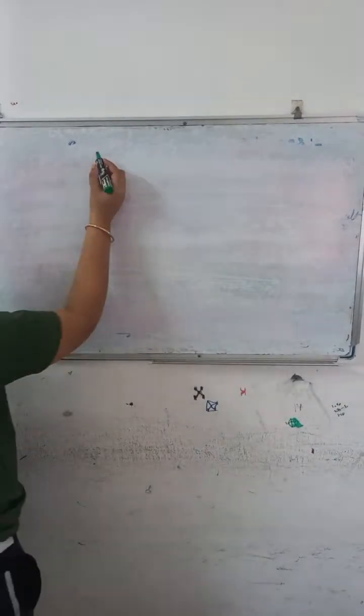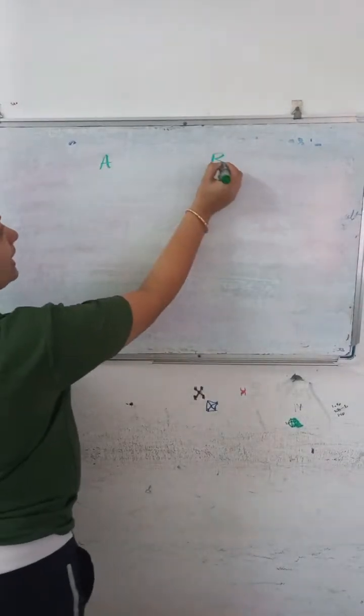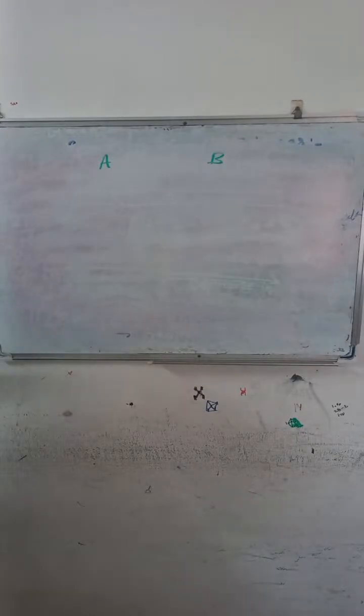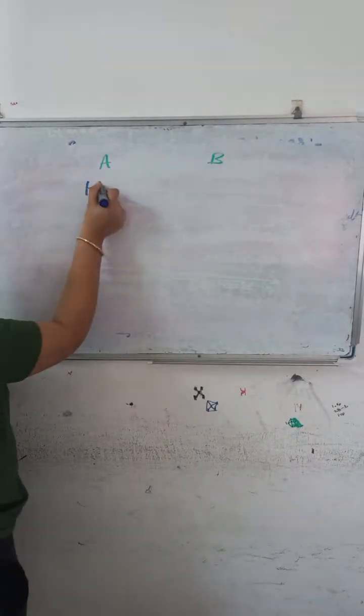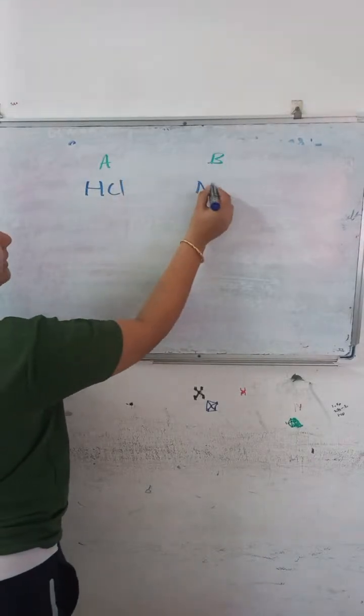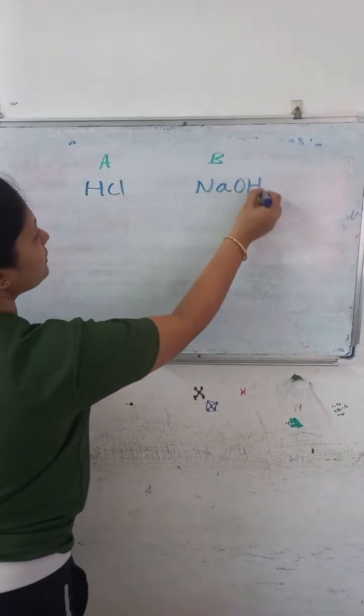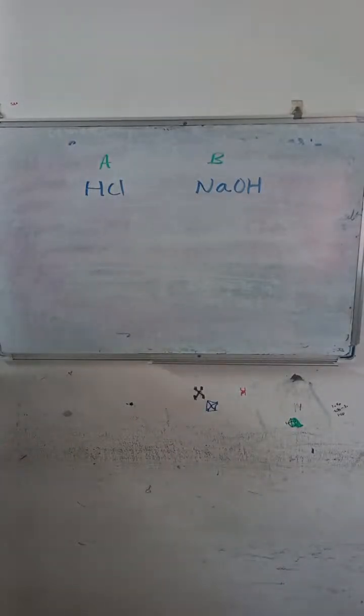So here we have a test tube A and a test tube B. In test tube A there is HCl, and in another test tube sodium hydroxide is present. In which test tube will the color change be observed? State the color change and give the reason.